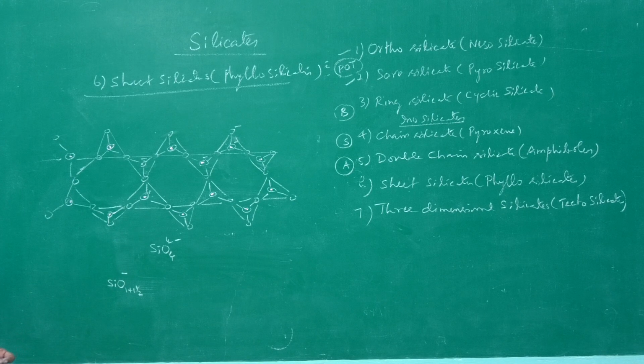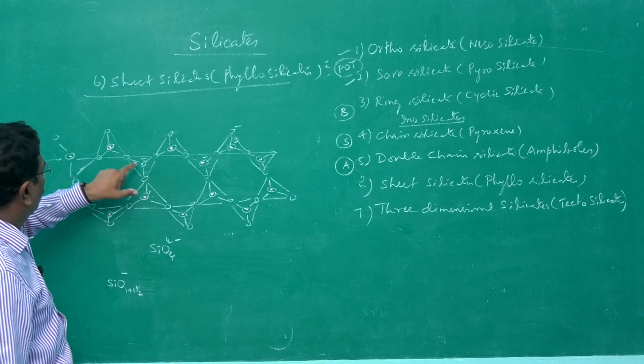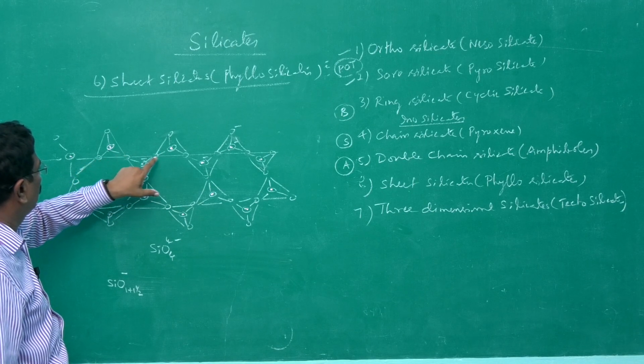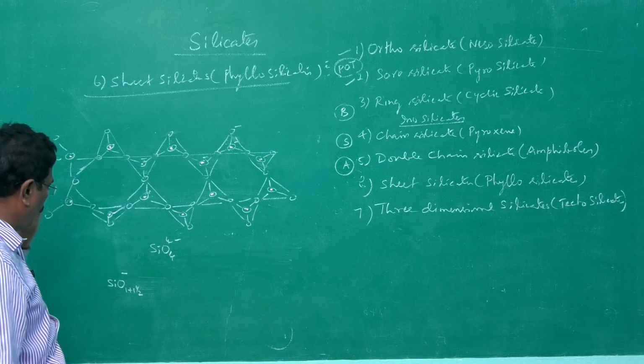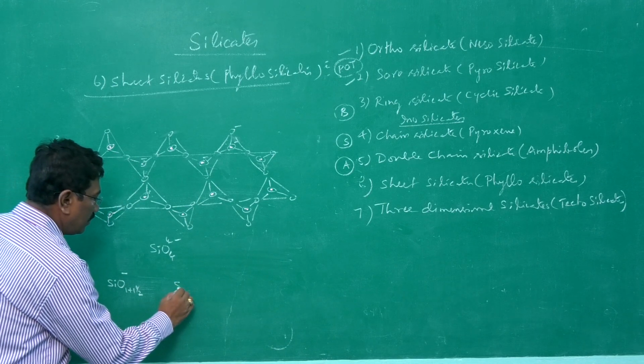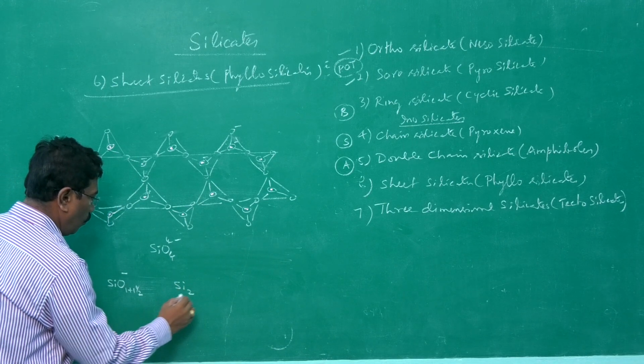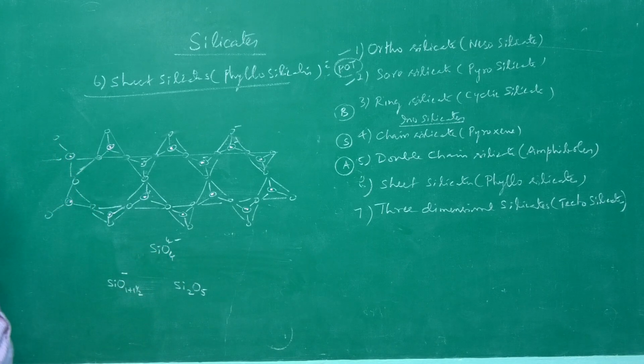So, for this sheet silicate, if I go in for SiO4, 3 units are shared, therefore it comes like this. When I double this, it becomes Si2O5. Si2O5.